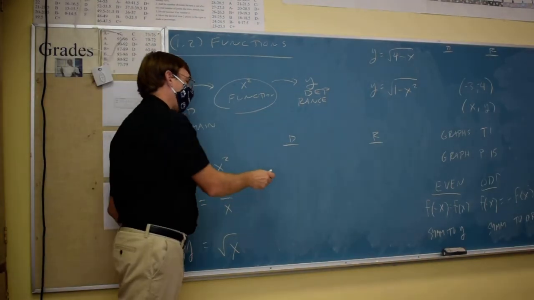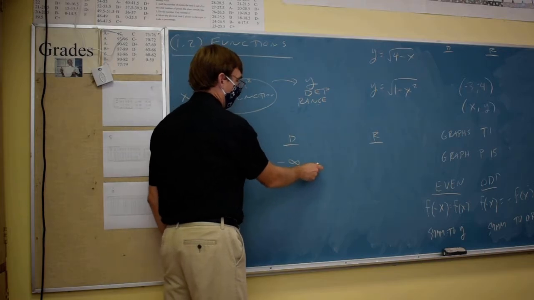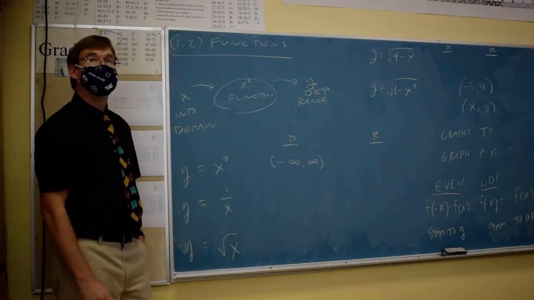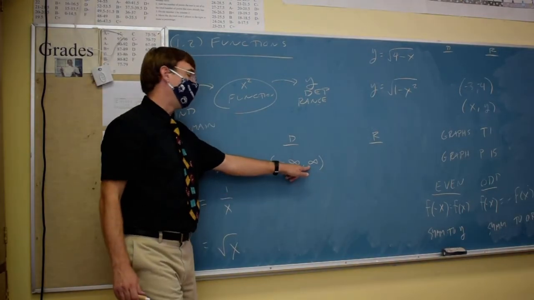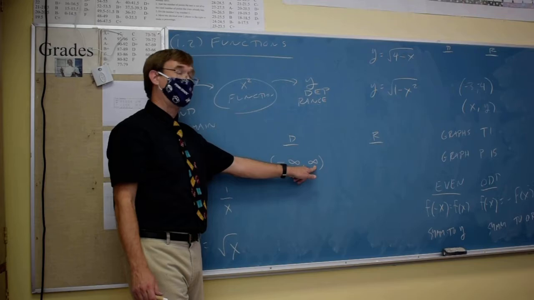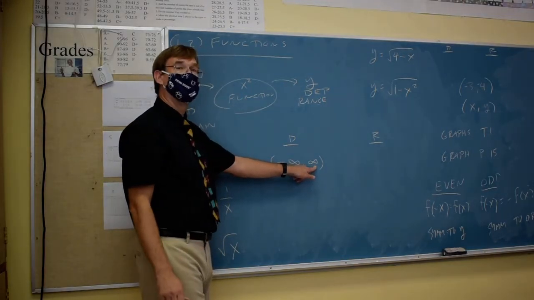So a way we can write that with fancy math symbols is this. This symbol is a symbol for infinity. So this means at the high end, you can put in any numbers as high as you want to go, all the way to infinity.